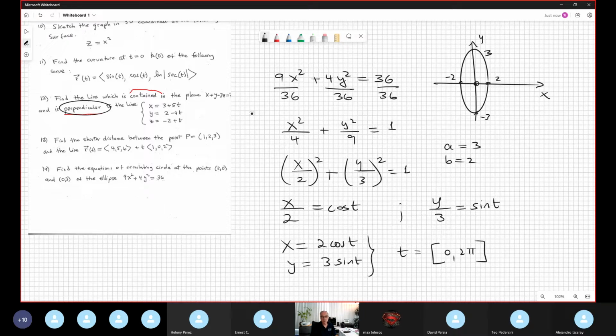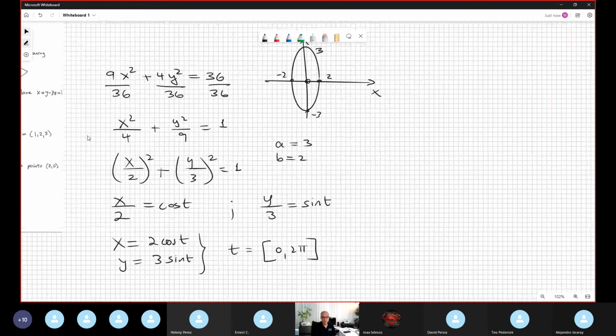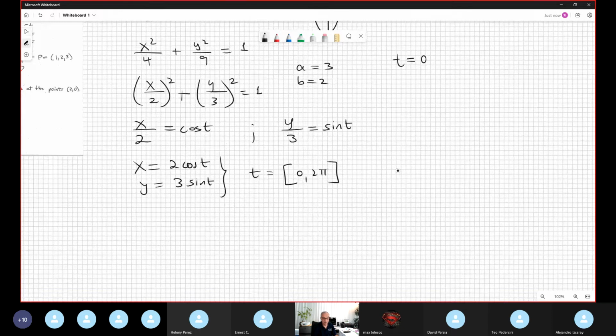Okay, and this parametric or vector valued function, much better, is the displacement at any time, equal to 2 cosine t, comma 3 sine t. Same domain for this vector valued function.